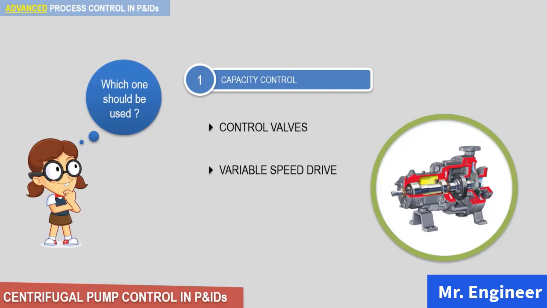Traditionally, we use a control valve because it is an older technology and a cheaper technology. However, there are cases where a VFD works better. This is the reason why you will find control on centrifugal pumps either by control valves or variable speed drives on your P&IDs.